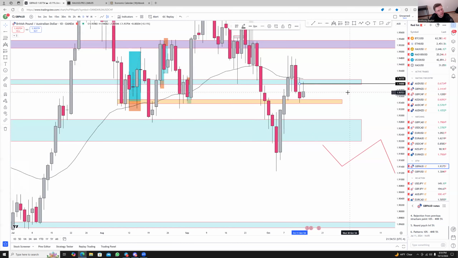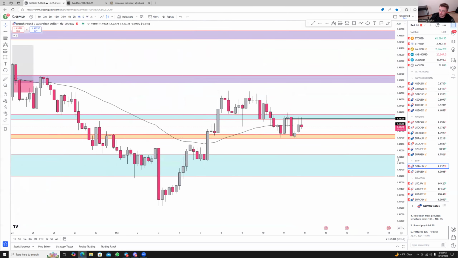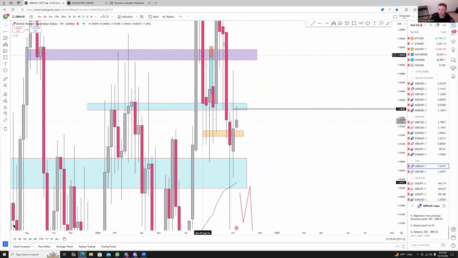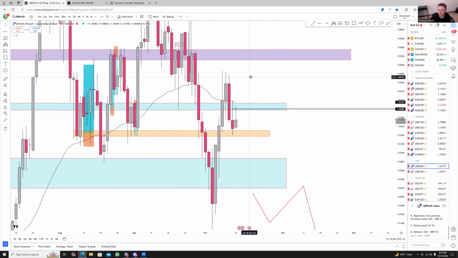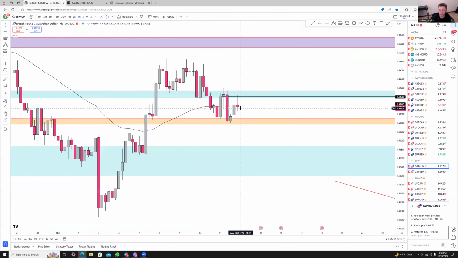Wow. Round psychological level. Come on, guys. How easy is that? 4 hour. Okay. Bearish. What is this? It's a weekly, bearish, daily, bearish rejection, 4 hour bearish, retesting, close.